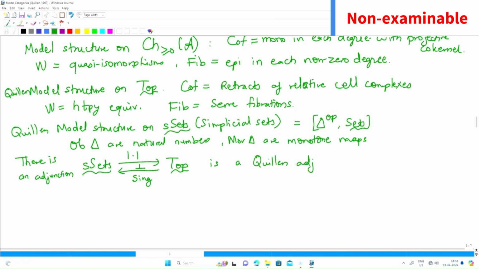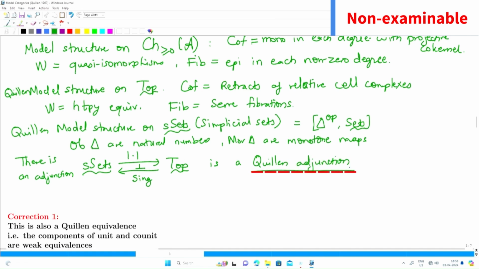So what does that mean? Let me define what a Quillen adjunction is. If the left adjoint preserves cofibrations and acyclic cofibrations.